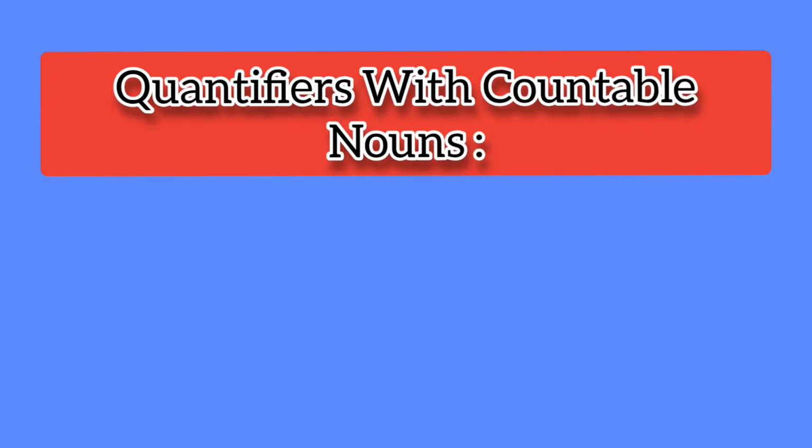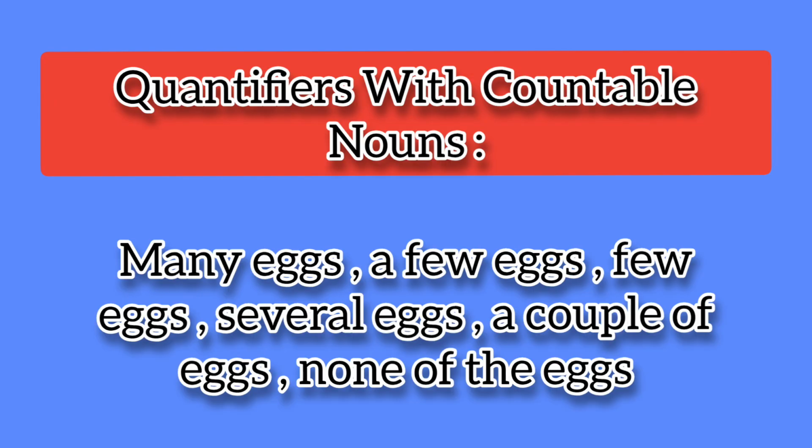Quantifiers with countable nouns. So many eggs, a few eggs, few eggs, several eggs, a couple of eggs, none of the eggs. All these are examples of quantifiers with countable nouns. So here egg is a countable noun, and many, few, a few, several, a couple of, none are quantifiers.